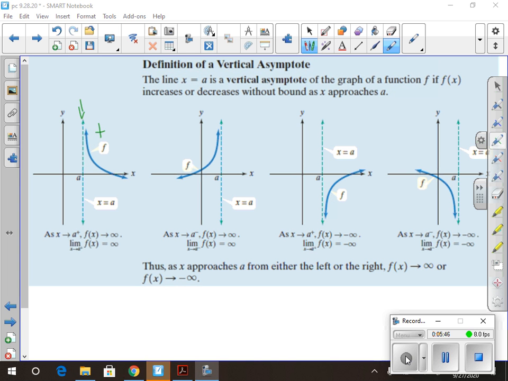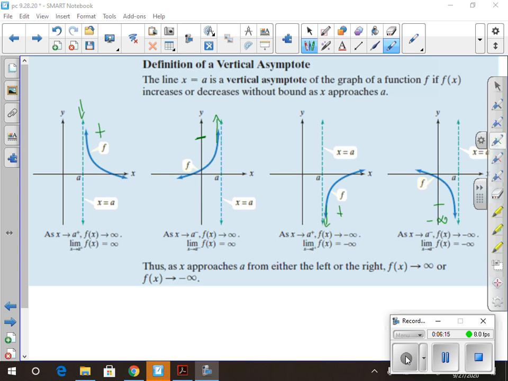Okay, x is going to approach infinity. As x approaches the asymptote here from the negative side, the function approaches infinity. Over here, when it approaches from the positive side, the function goes to negative infinity. And over here, when it approaches from the negative side, it also goes to negative infinity.